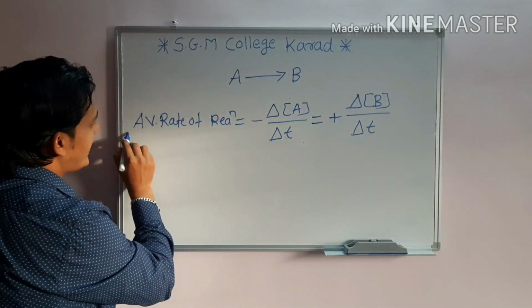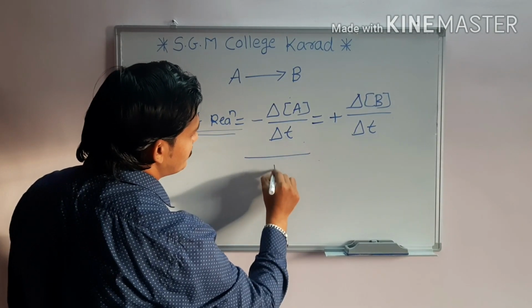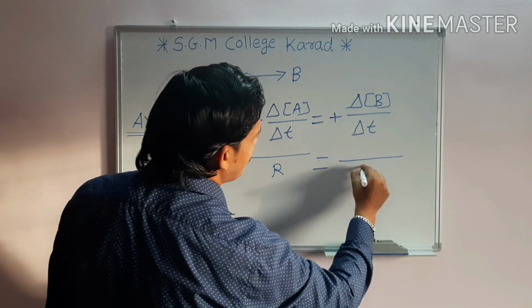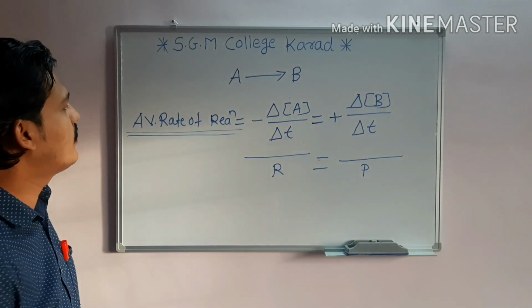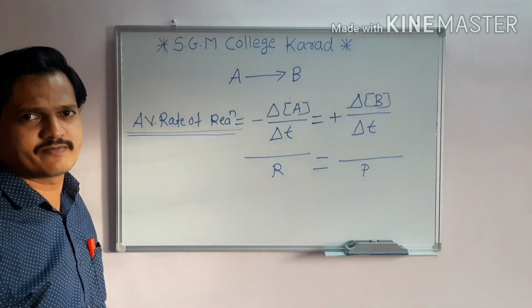This is how to write the average rate of reaction: rate of consumption of reactant equal to rate of formation of product is called the average rate of reaction, or simply rate of reaction.